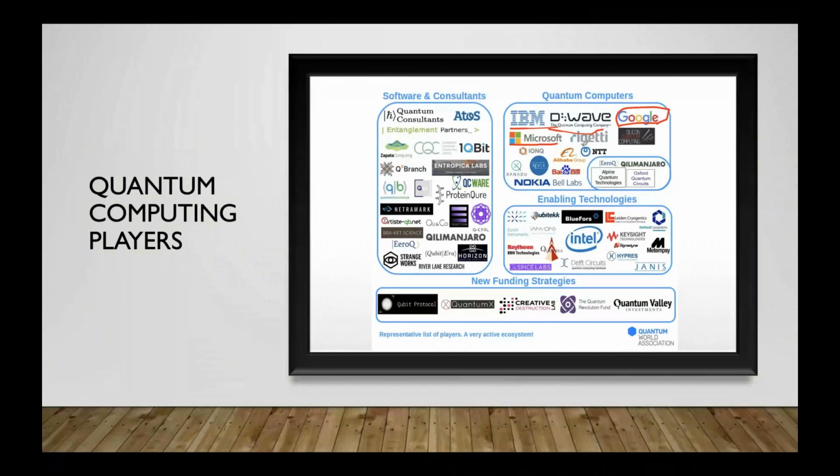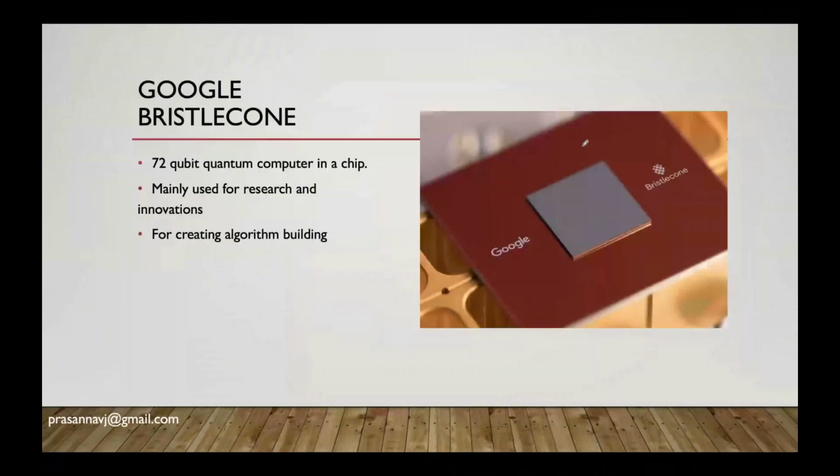So these are the different players, and Google in 2017 released their Bristlecone quantum computer chip. The Bristlecone quantum chip was mainly used for research activities and creating algorithms and so on. It consists of 72 qubits. Think of us providing only 72 bits in a computer for your processing. Would you accept that?